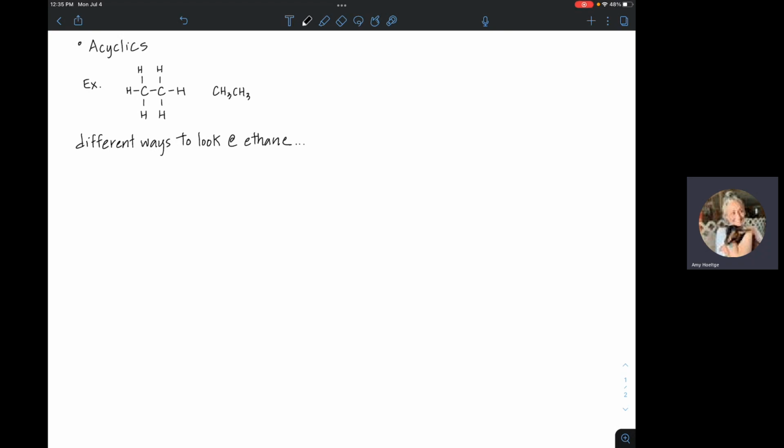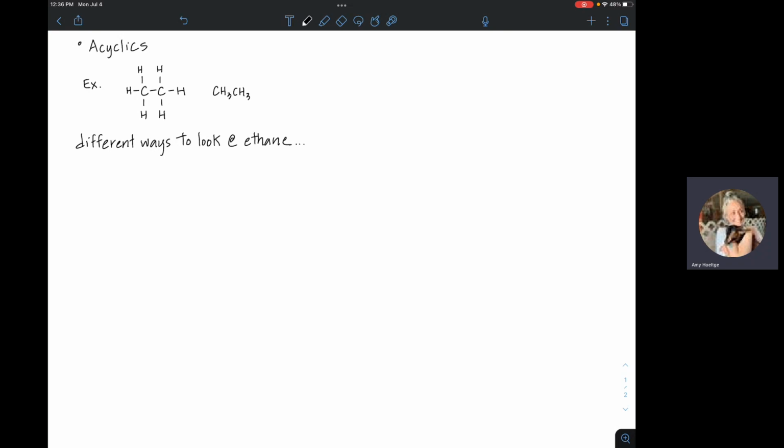So this is where we bring our crude artistic abilities. And we have what we're going to call a dash and a wedge. The dashed line is going to indicate a bond that's going away from you into the paper, and a wedge is going to indicate a bond that is coming out of the paper at you.